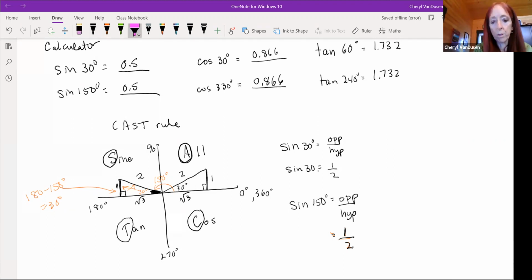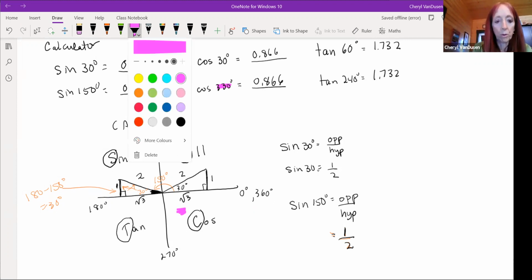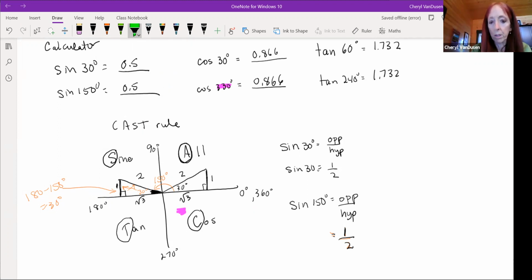You see when we did the cosine question, it was 330, right? 330 is somewhere in this quadrant here, between 270 and 360. It came out to be positive, the same thing as cos 30. Tangent is over in the other quadrant here. The 240 is somewhere over here. It came out to be positive. So the CAST rule helps us quickly get to the answer and know whether it's positive or negative.